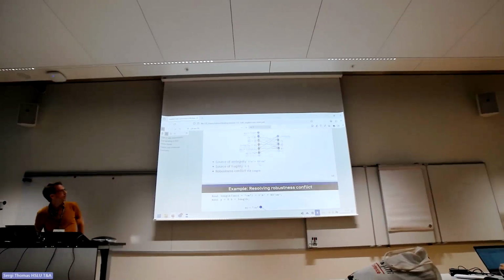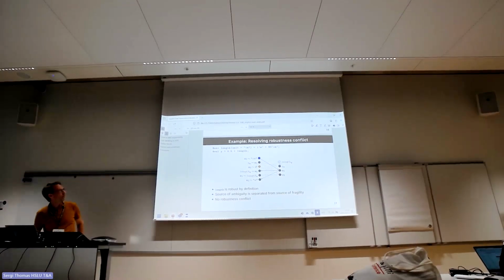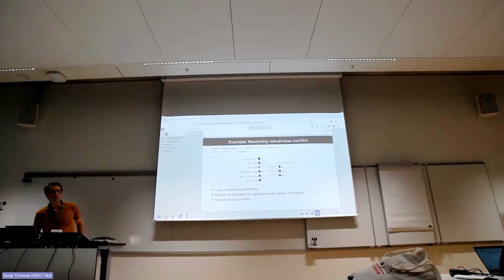And to resolve the conflict, we can add a unit to the length variable. So we don't consider the paths via the length variable. So we are effectively removing the length variable from the problem, and we can see that there's no more connection between ambiguity and fragility. And so in this case, we can allow the implicit unit conversion.